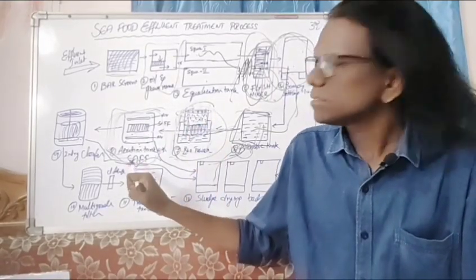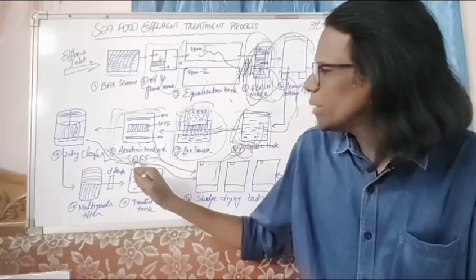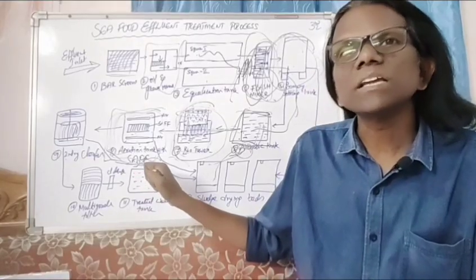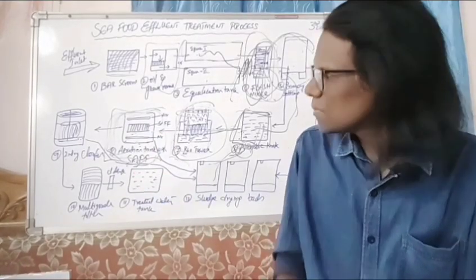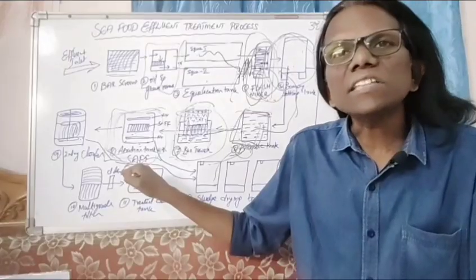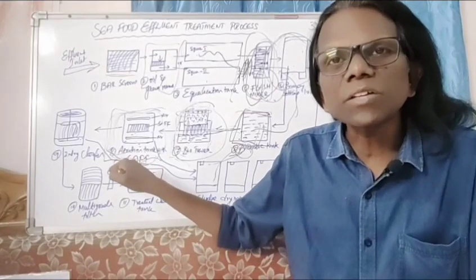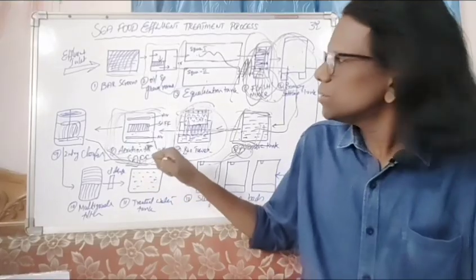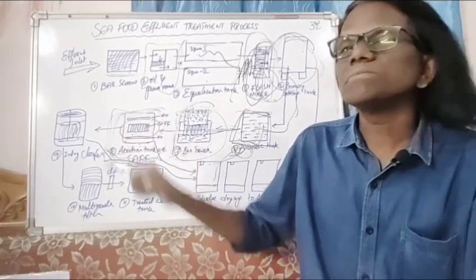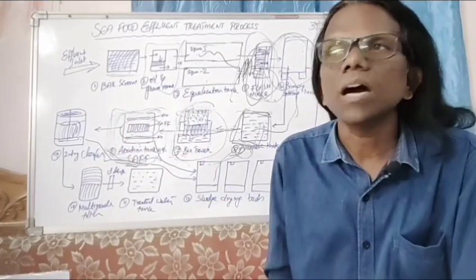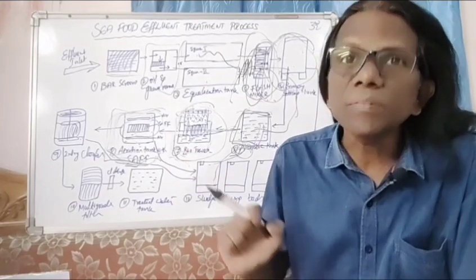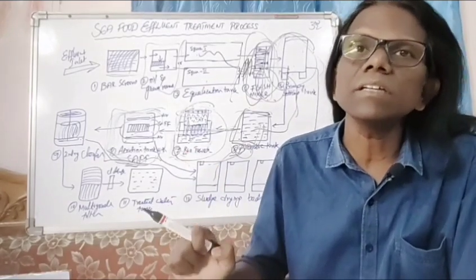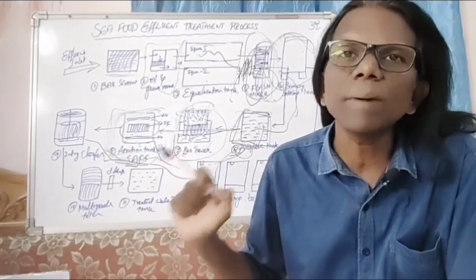SAP is nothing but submerged aerobic fixed film. It's a hybrid technology where attached growth activity and suspended growth activity can take place simultaneously. The SAP reactor contains PVC biofilm or PVC biomedia, which contains the microbial flora, aerobic bacteria.